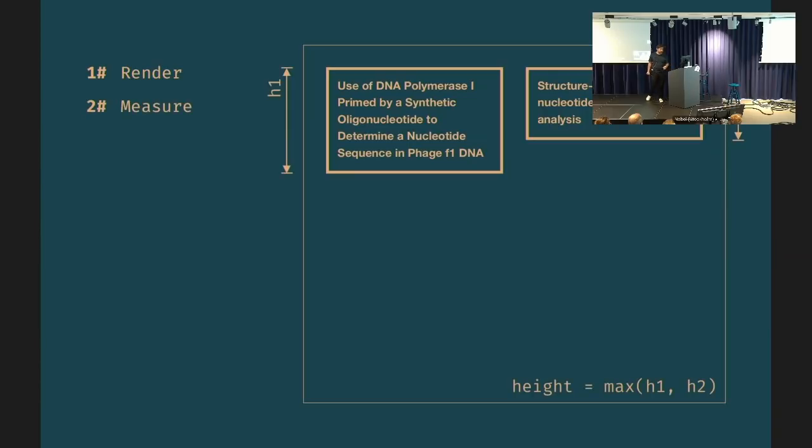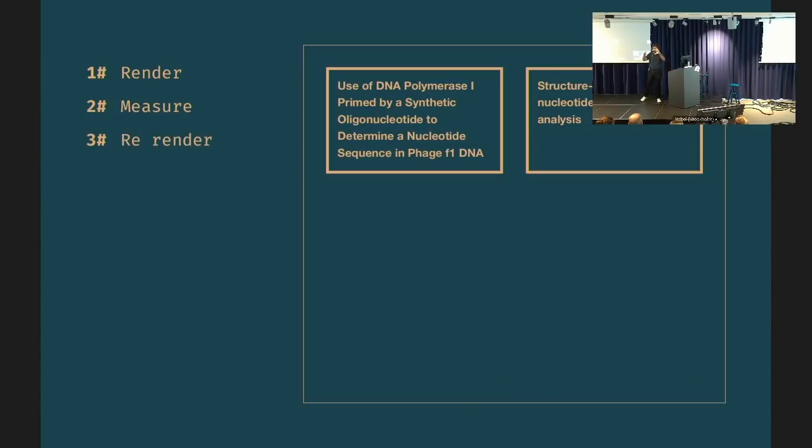Then the next thing you need to do is to measure them. So you measure them, you're going to try to make them both of equal height, and you check the height of the first one, the height of the second one, you get the maximum of the two, and you're going to use that to re-render them with the bigger height.